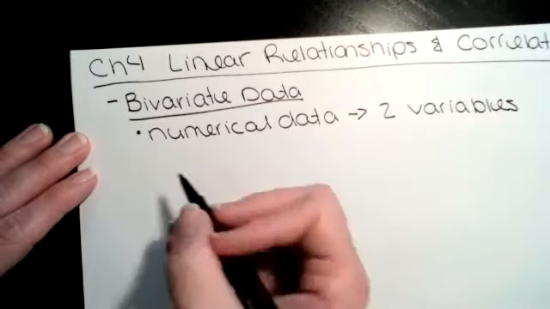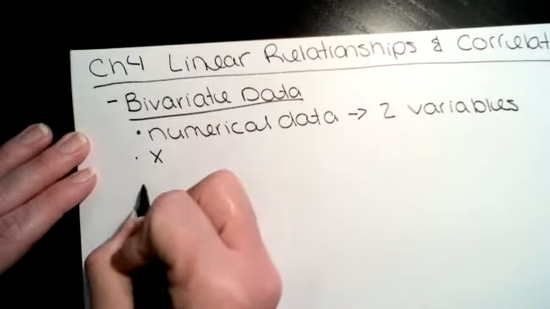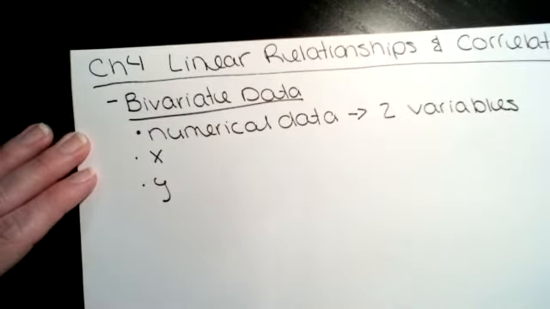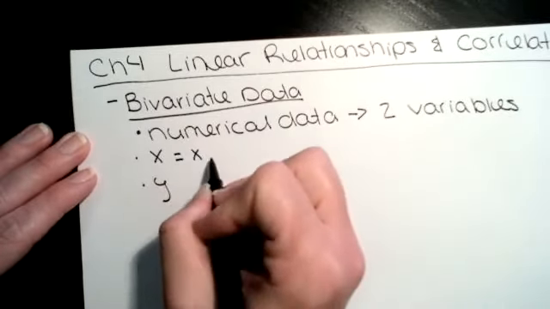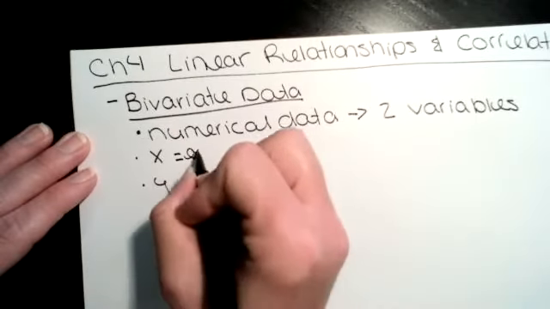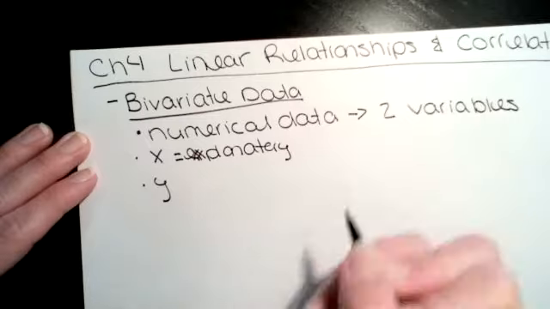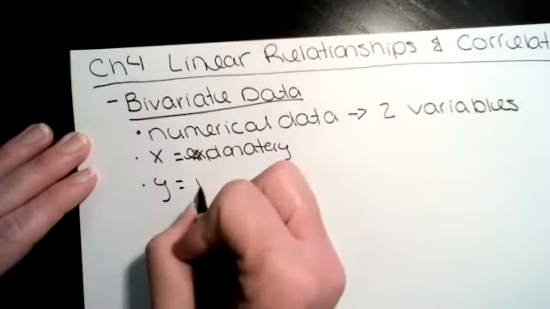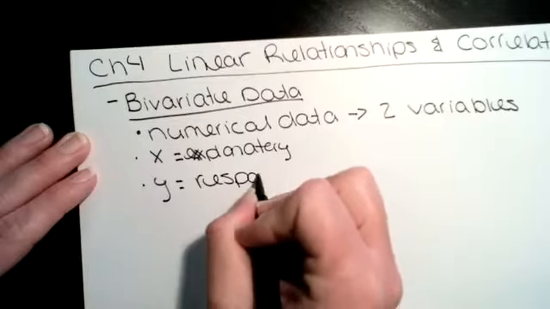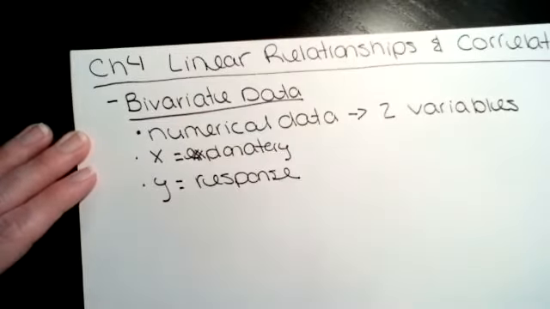And those two variables are going to be X and Y. X is what we call the explanatory variable, and Y is what we call the response variable.